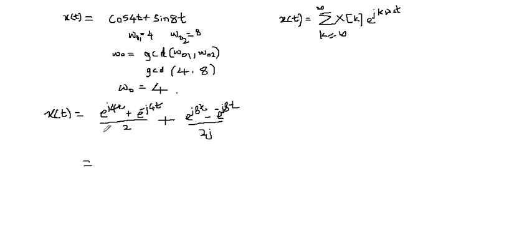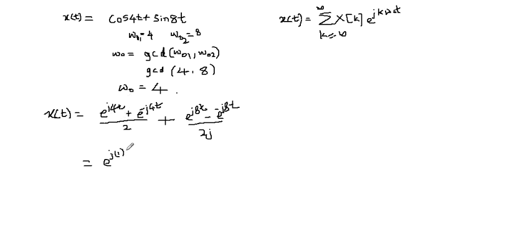Let's see. Now e raised to j 4t, and we know that our fundamental frequency of this entire signal is omega naught. So it is e raised to j 4, which means we can write e raised to j into 1, because we have to represent it in the form e raised to j k omega naught t. So let's say this k is 1.